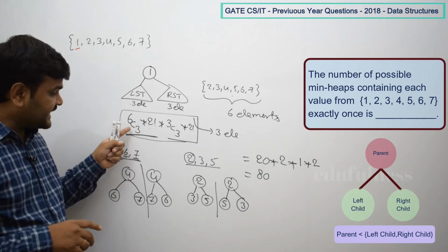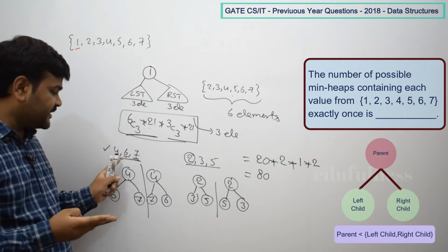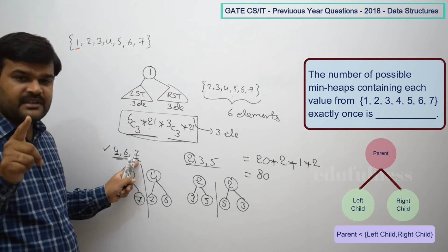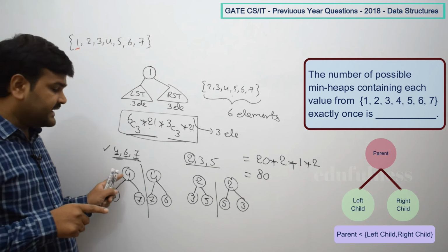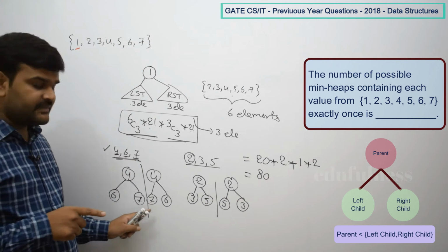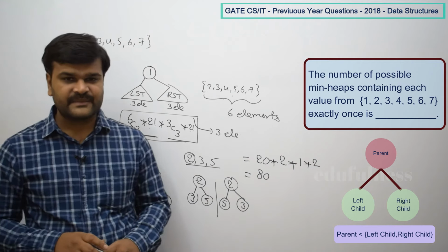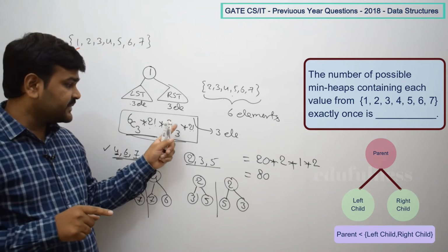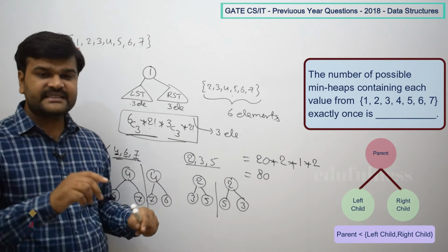Once after selecting 3 elements, for example if you take those 3 elements, again in these 3 the minimum element will become the parent, and the remaining elements you can place on either side. That means how many ways? 2 ways actually. That is why into 2. The same discussion applies in the right subtree side also, but with the remaining 3 elements.